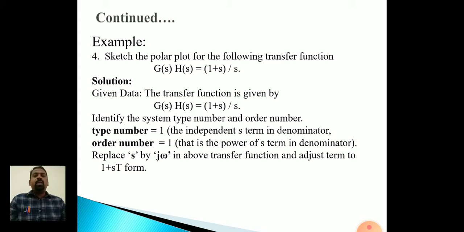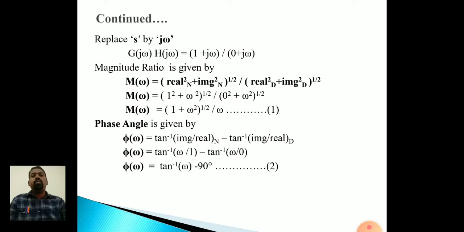Then replace s by j omega in the above transfer function. After replacing s by j omega, the transfer function becomes G(j omega)H(j omega) equal to (1 plus j omega) whole divided by (0 plus j omega).